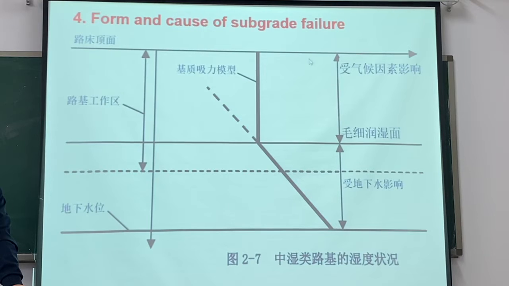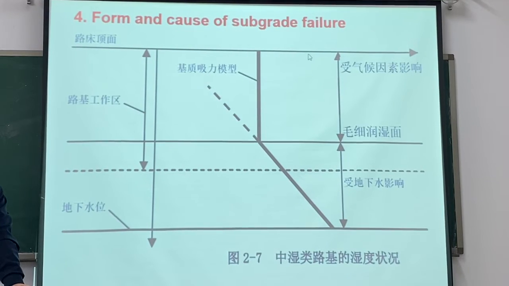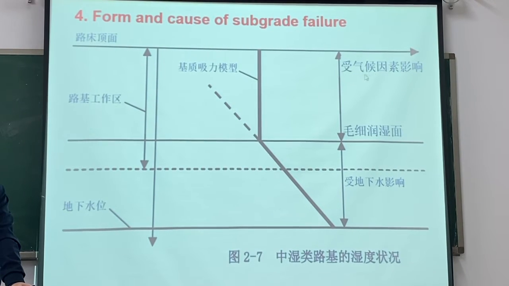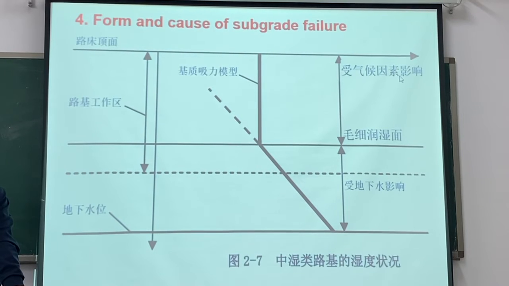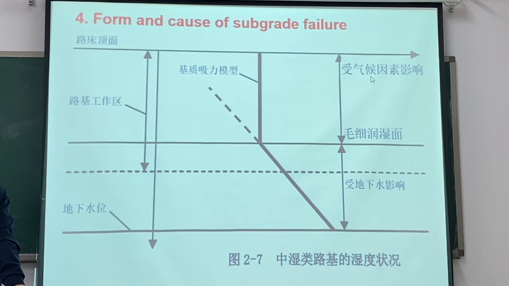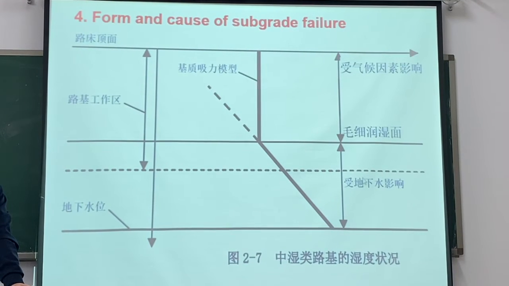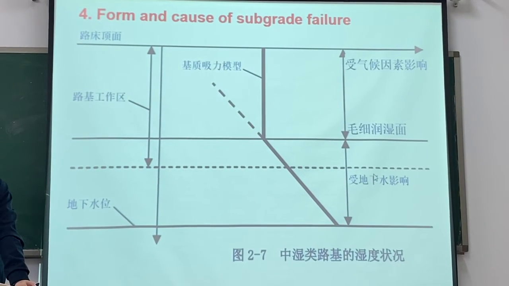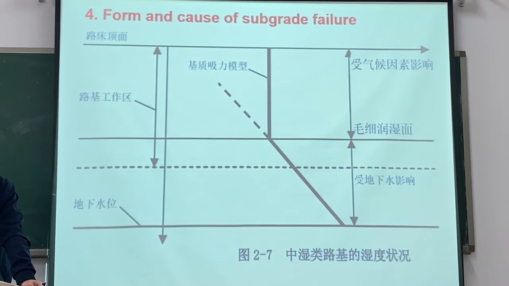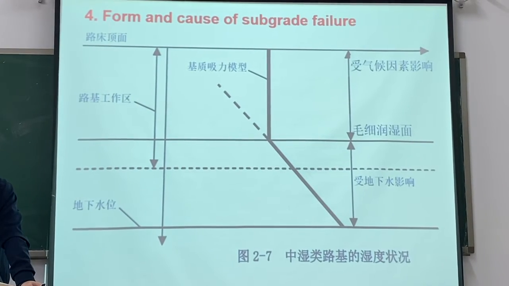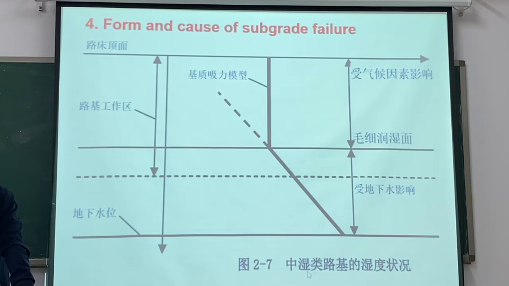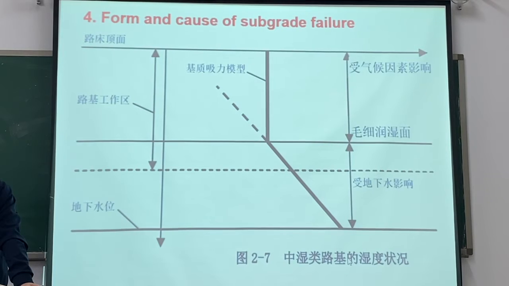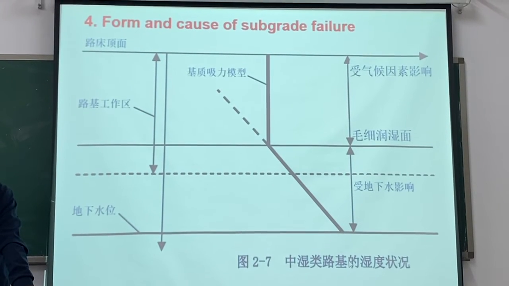This height is influenced by climatic factors, 受气候因素的影响, and this is influenced by the water table or groundwater. This belongs to 中湿类型路基的湿度状况, the medium wet or medium humidity state.